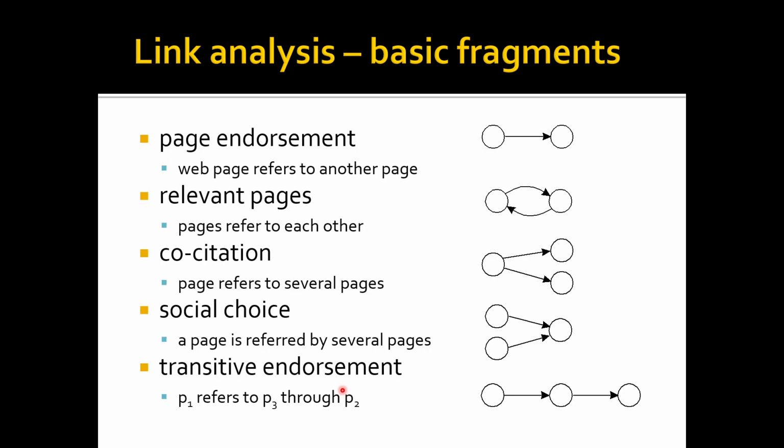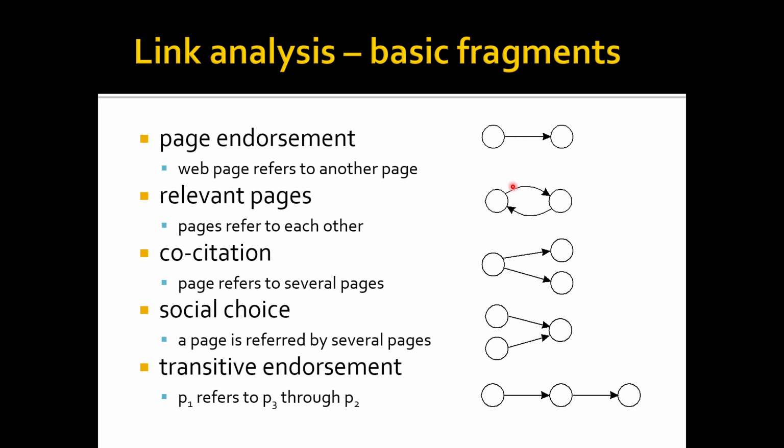When talking about slightly larger fragments that include more than just one node, we get several other concepts, fragments like page endorsement. It is a very basic concept that one page refers to another page, so it endorses the page. So it's a very, very low-level concept, but we are building up.